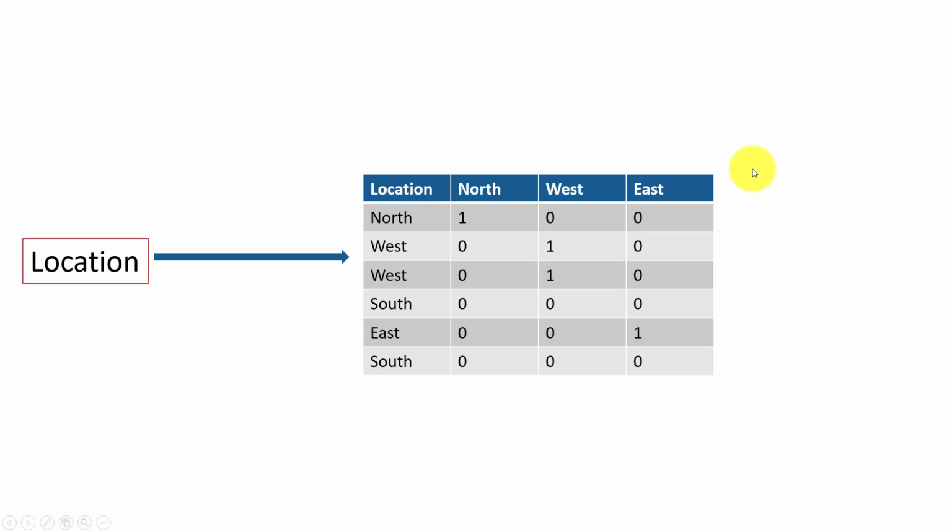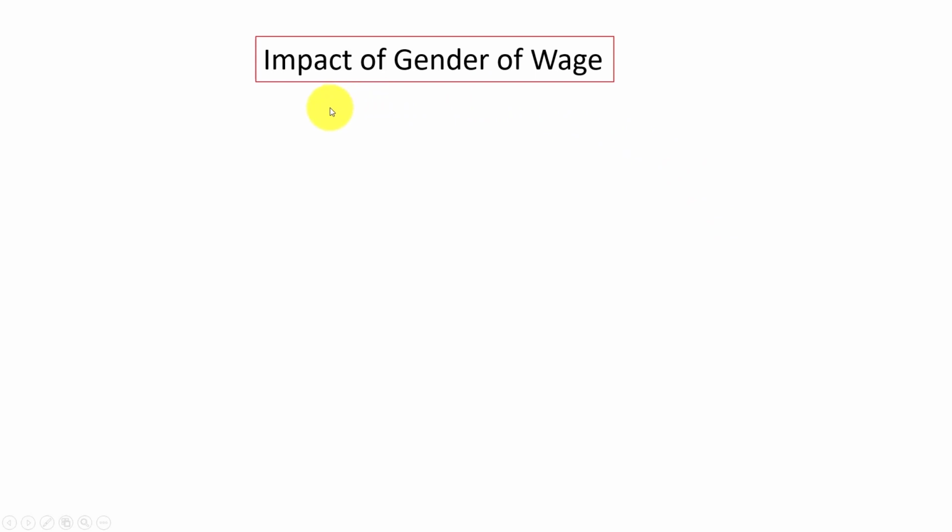That remains the omitted category, but we don't generate a variable for it, because we are following the rule of m-1 variables for m categories. In this case, we have 4 categories and 3 dummy variables. So let's dive in, have an example, and study the impact of gender on wage.